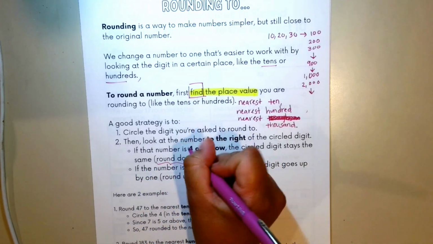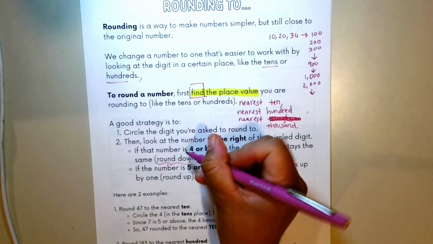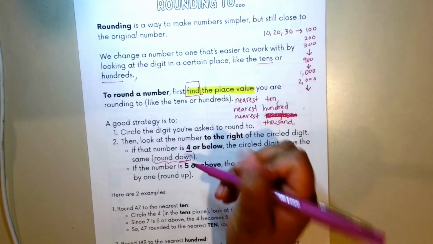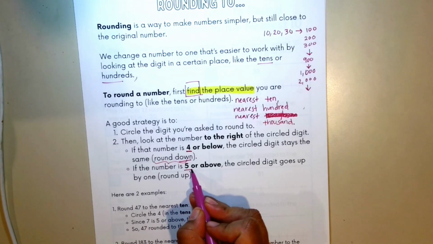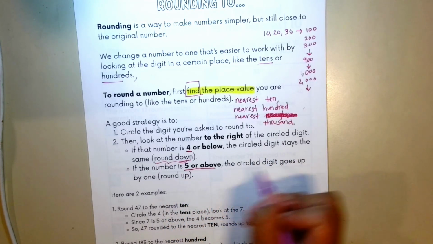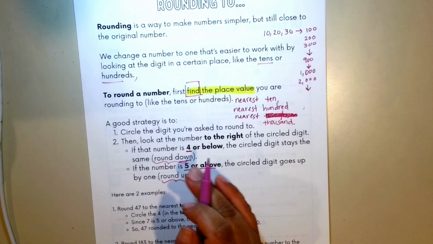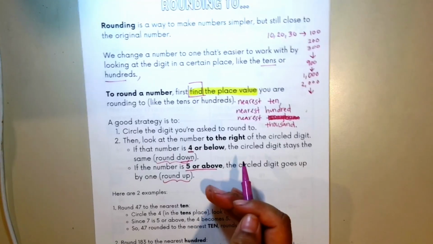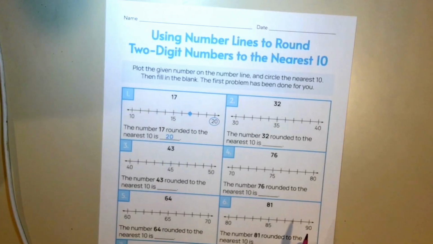But just know, if the number next to our target number is 4 or below, then we're going to round down. And if the number next to our target number is 5 or above, then we're going to be rounding up. Okay, so those are some keywords that we're going to be saying over and over.